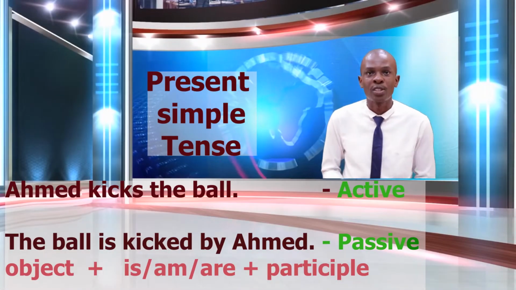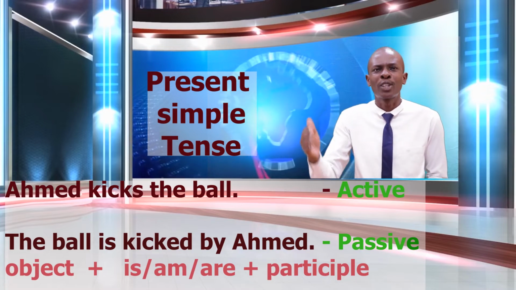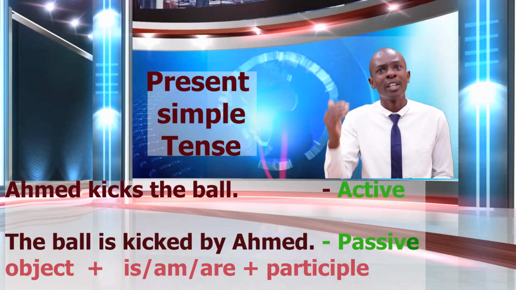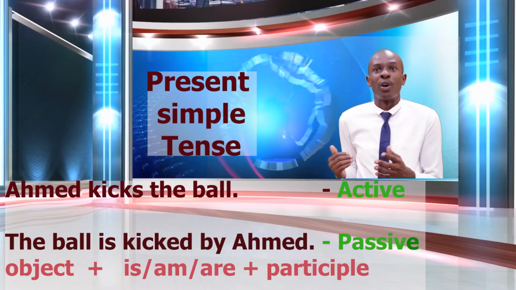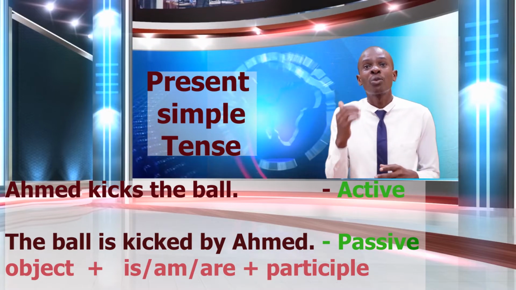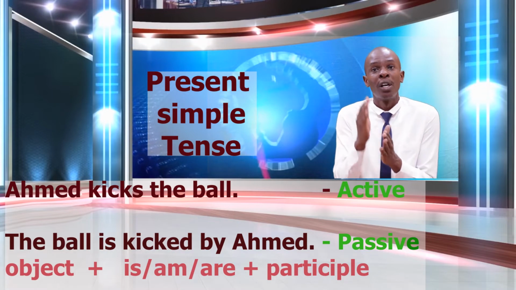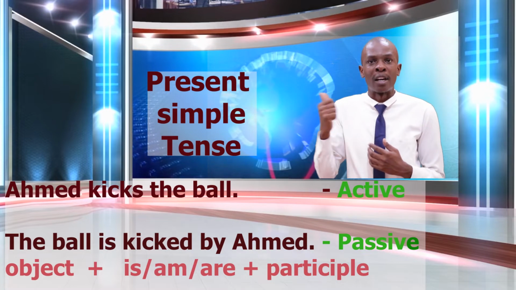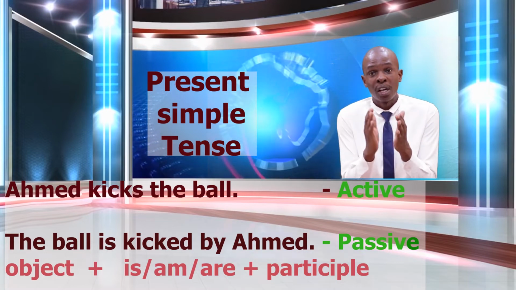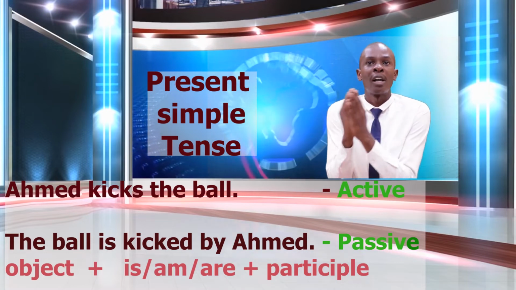Number one, we are going to start with sentences in present simple tense. The example is, Ahmed kicks the ball. When changing into passive voice, remember we have to add the helping verbs am, is, or are.